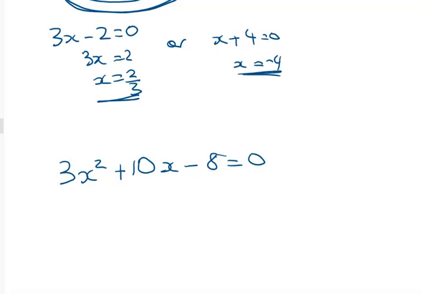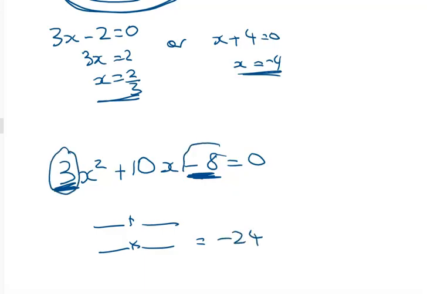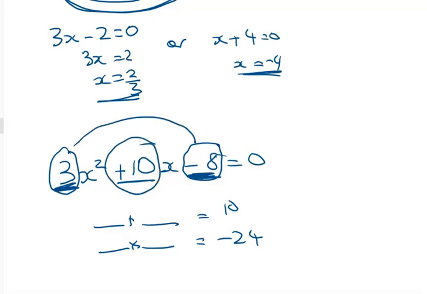The way we do it is we say we want to choose 2 numbers, and the thing that's quite funky is that we want them to multiply to give me negative 24, right? So this number and this number multiplied together are what we're looking at. And then we want those numbers to add to give me this middle coefficient. So we times those ones together and then we add this one.